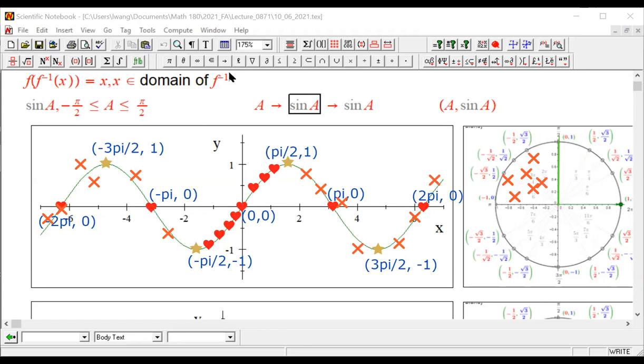In the other direction, if you are to measure clockwise, you cannot go over this line. That's the farthest you can do. That's beyond negative pi over 2. So the farthest you can go is right here. No man's land.